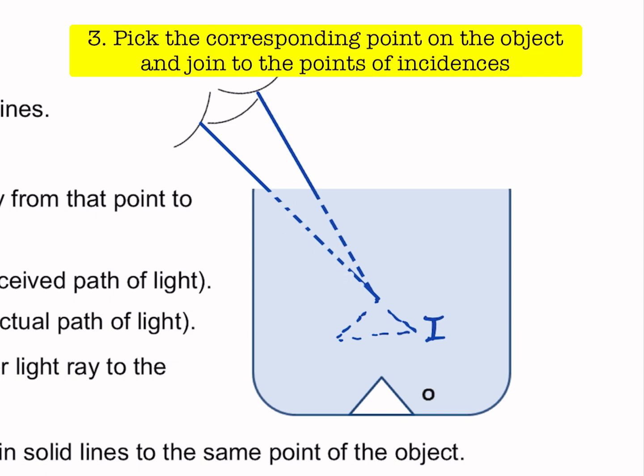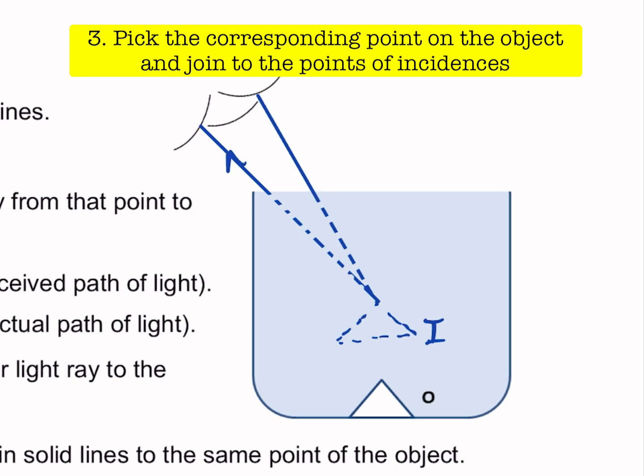So what's the actual path of the ray of light coming from this point of the object? Okay, so find the point of incidence and join them to the actual start point.